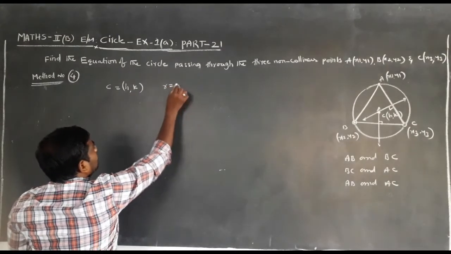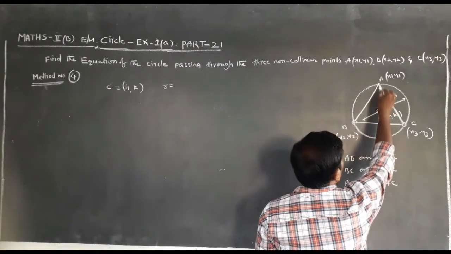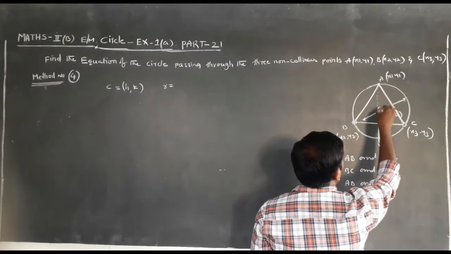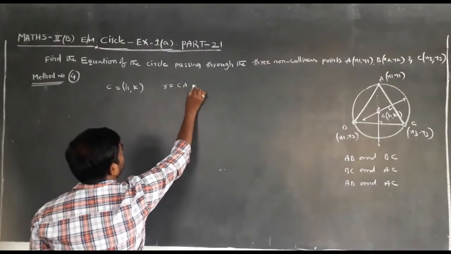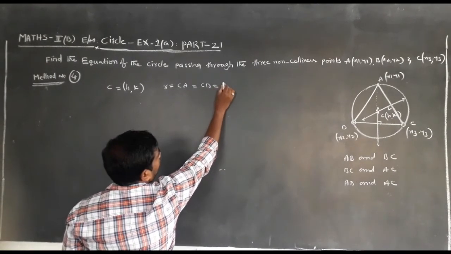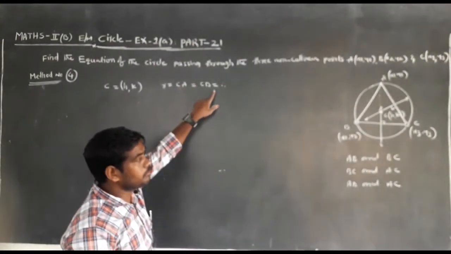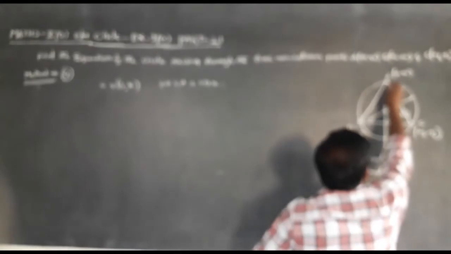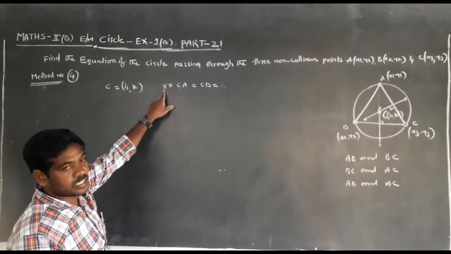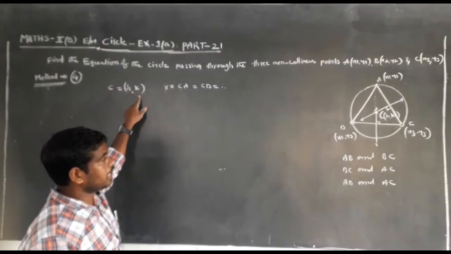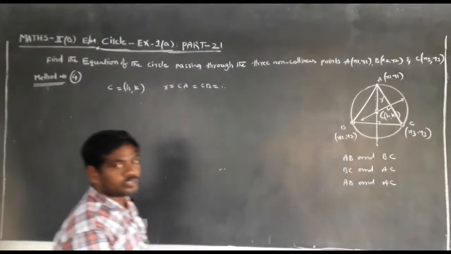Again we find the radius of the circle. The distance from the center to any point on the circle is called the radius. Here radius is equal to CA or CB. Here the center is (h, k) and the radius is CA.